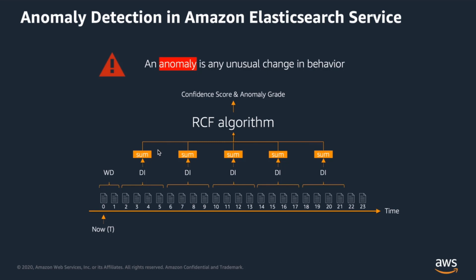Associated with that is a confidence score, like how confident is your anomaly detection model in its prediction that this is, let's say, a 0.7 grade anomaly. The confidence is also expressed as a value between 0 and 1. So the higher the better.